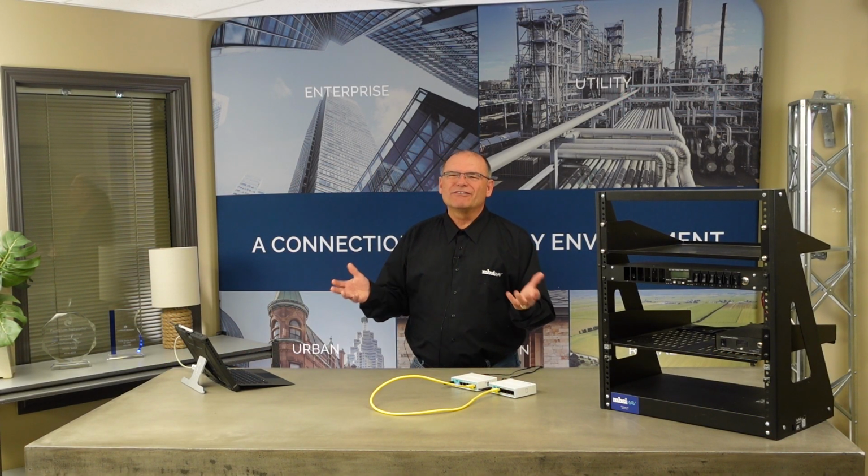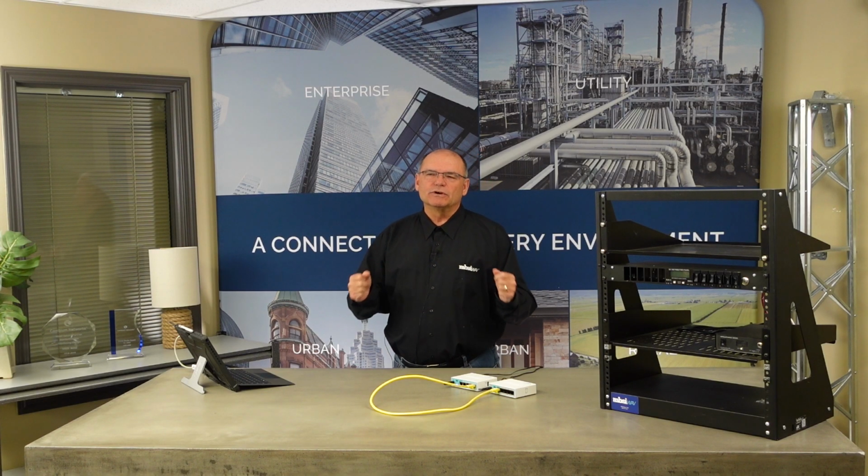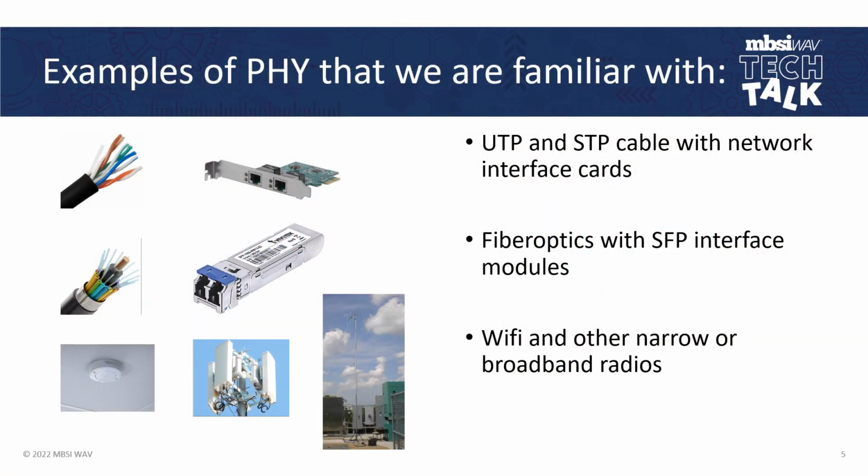So what do our physical layers look like? Examples that we're familiar with. So we have unshielded twisted pair and shielded twisted pair cable with a network interface of some sort. We use a jack and a plug system commonly known as RJ45. We crimp it onto the cable, plugs into the device.